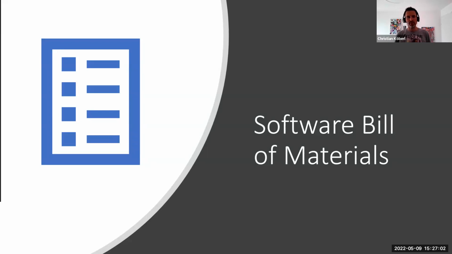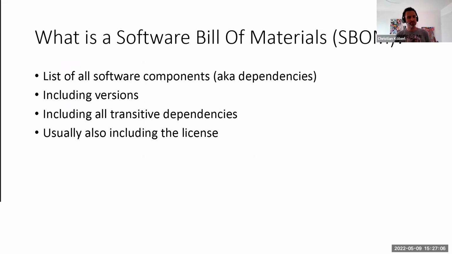What is a bill of materials? A bill of materials is just a list of components, a list of all the dependencies you have in your software. Bill of materials was the original term. It's like when you build something, a car or whatever, then the bill of materials is all the parts that the car is made of.